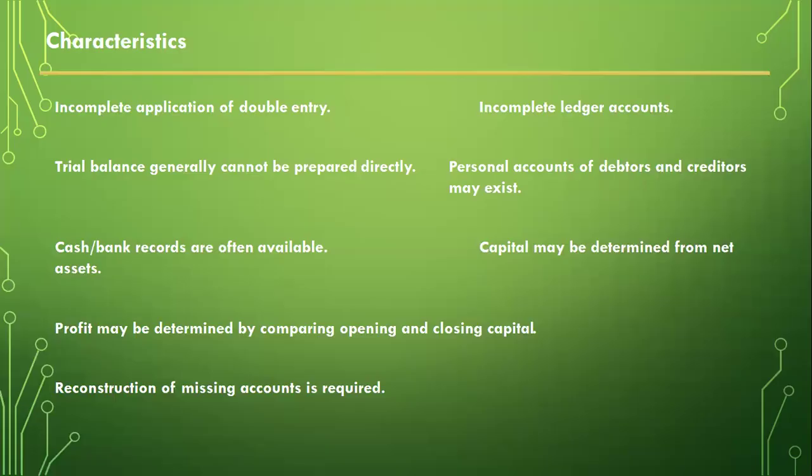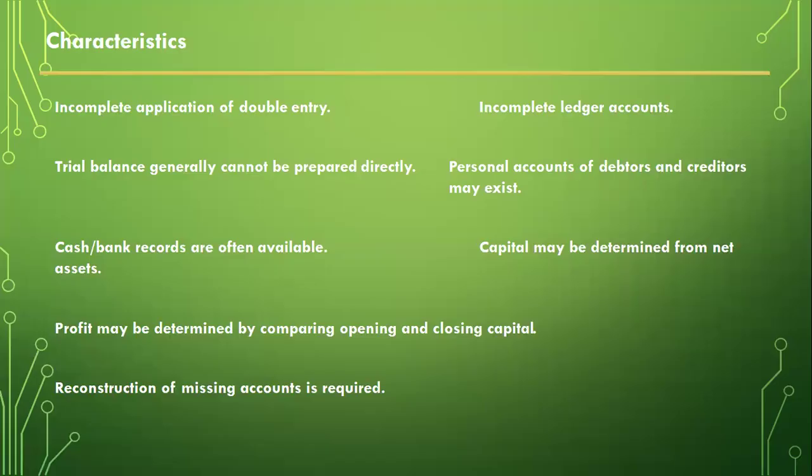By the time we get to class and start doing some calculations, you see the way we always find our way around it. And the most beautiful thing about it is our cash and bank records are, in most cases, always available.